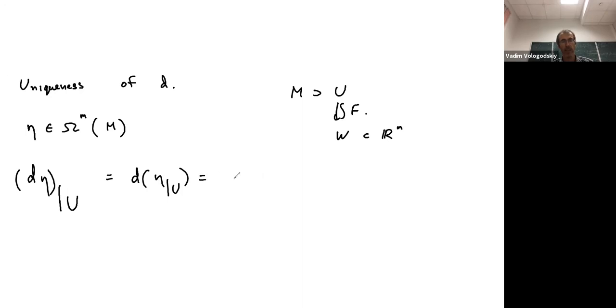Now I take eta restricted to U. U is diffeomorphic to W, so my differential form on U is the pullback of a certain differential form on W via this map F. Namely, it is F inverse upper star of eta restricted to U, and then I take F upper star. This is a form on W, and I take its pullback and get back my formula.